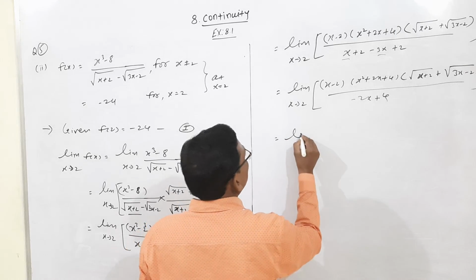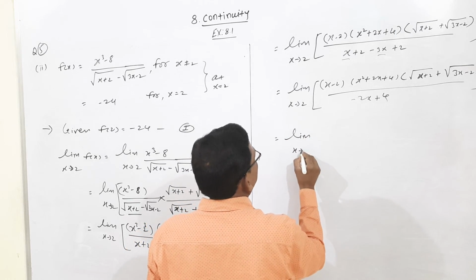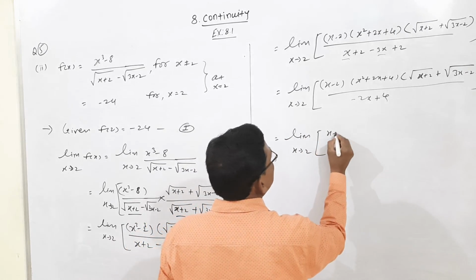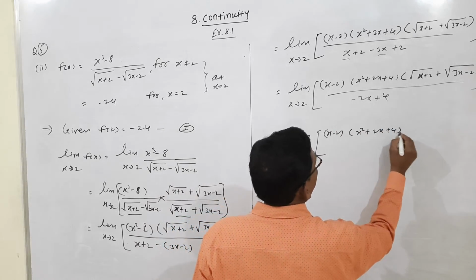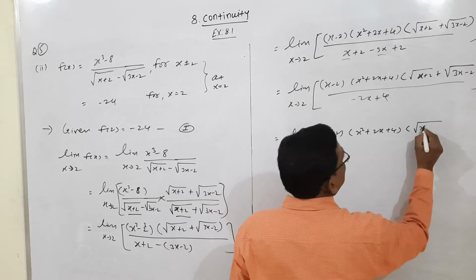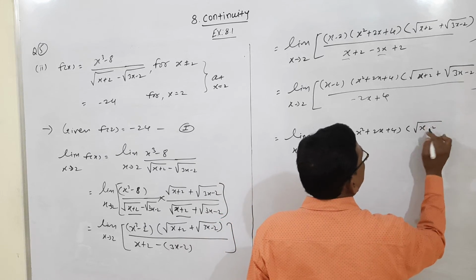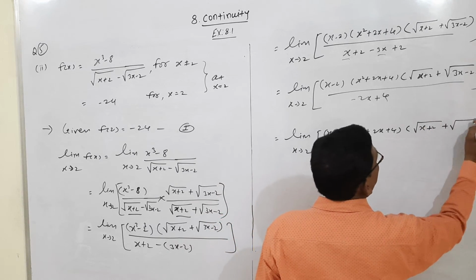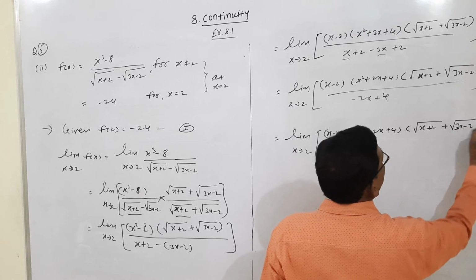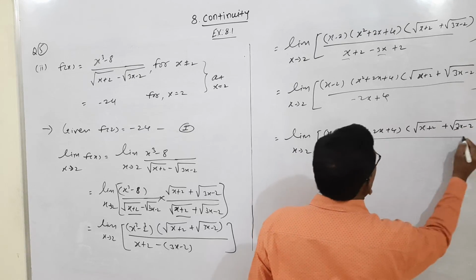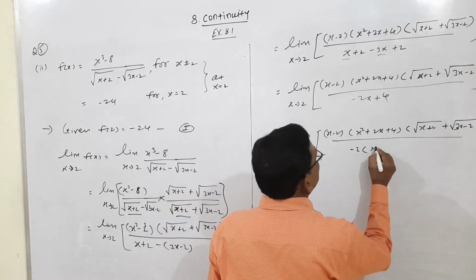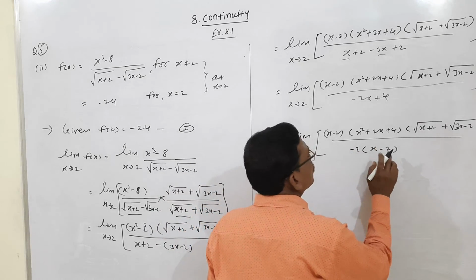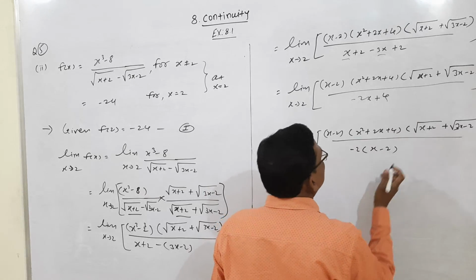It is the limit as x tends to 2. In the denominator, we take minus 2 common: minus 2 times x minus 2. Minus 2 into minus 2 is plus 4, minus 2x.